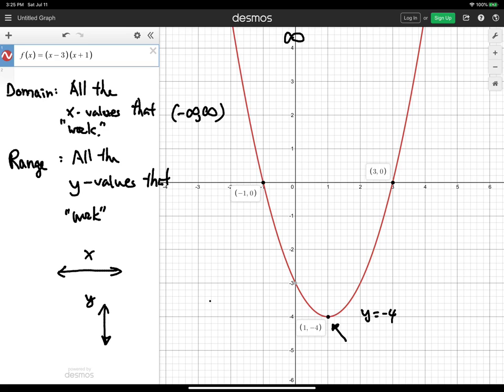So the smallest value of your y value is going to be negative 4, and then it's going to curl back up. So my range in this case is going to be from bracket negative 4 up to positive infinity.